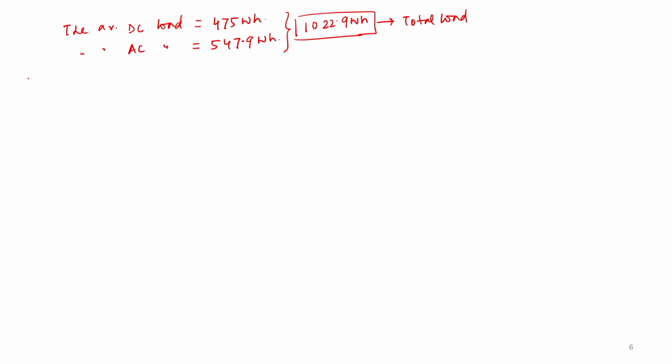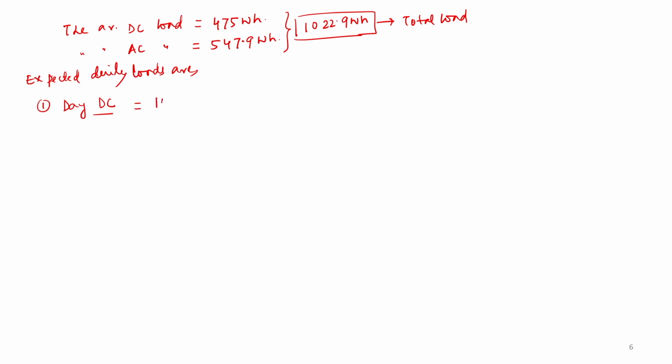So, the expected daily loads are as follows. In the daytime we have DC, which means this energy is coming directly from the solar array.